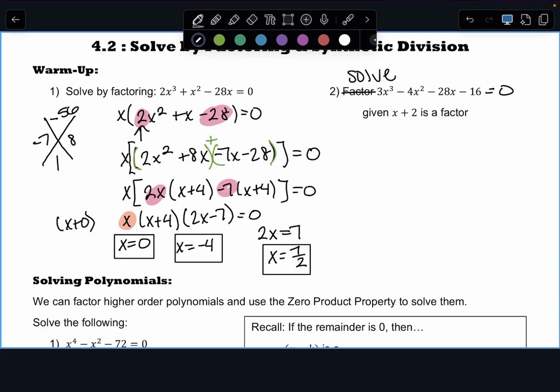They tell us that x plus 2 is a factor. So what is one of my zeros, my special number that goes in the box? -2. We set this equal to 0 and we solve for x. So -2 is my special number. I line up my coefficients on the top. 3, -4, -28, and -16.